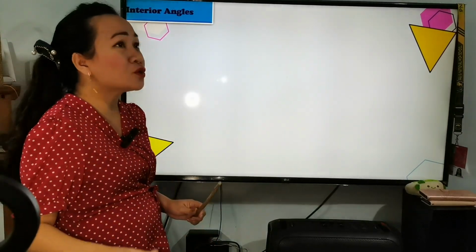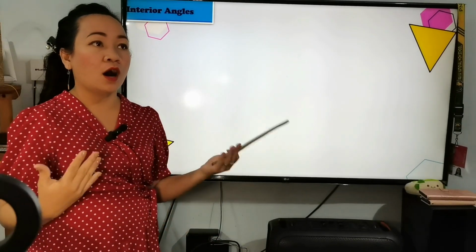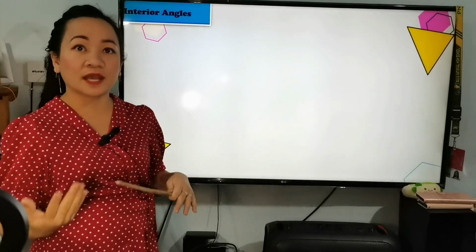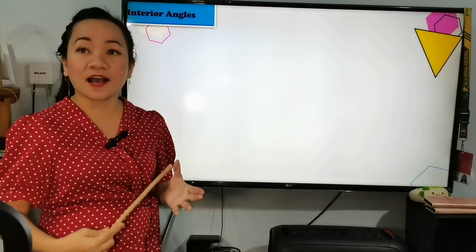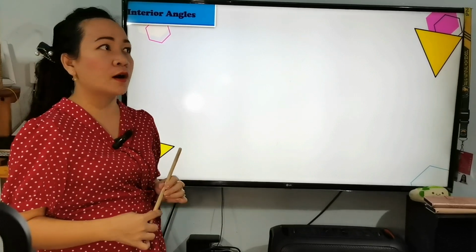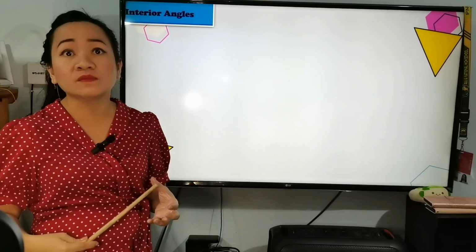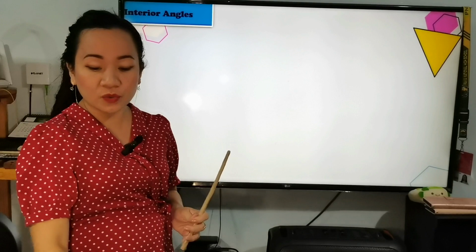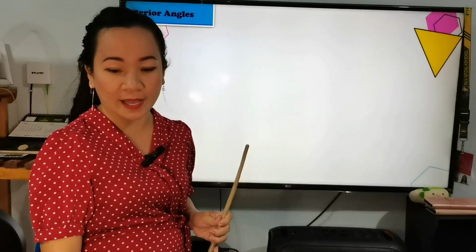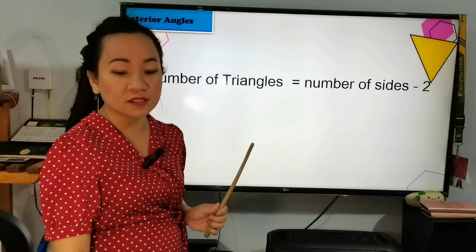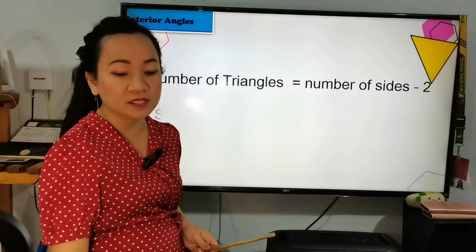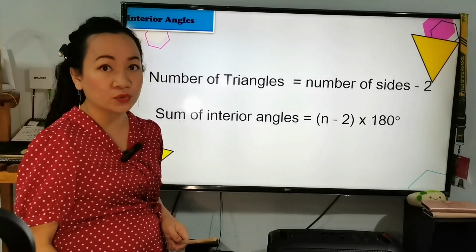So, supposing we are given a decagon or a dodecagon. Aside from adding the diagonal lines and counting how many triangles are formed in that figure, we can use this formula. The number of triangles is the number of sides minus 2.